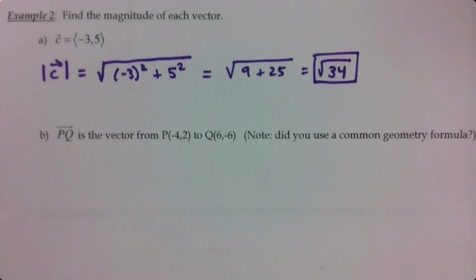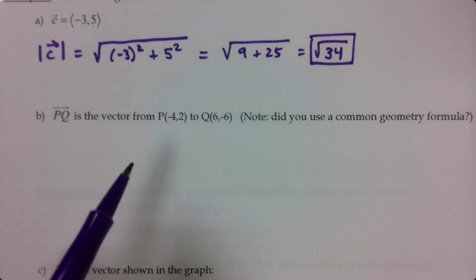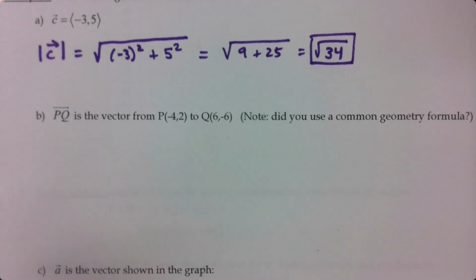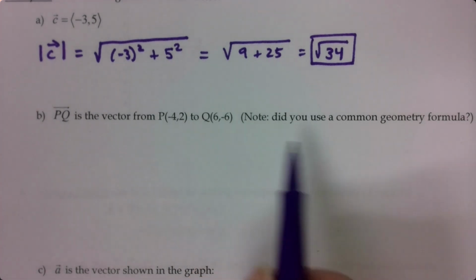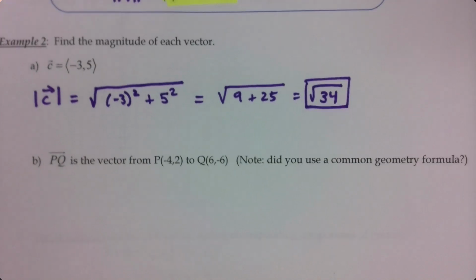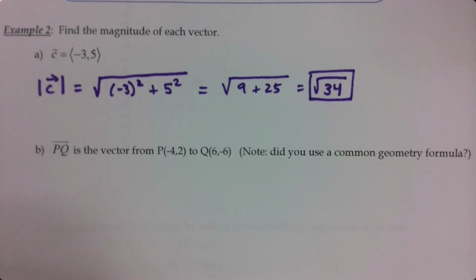All right, so now let's look at PQ as the vector from -4, 2 to 6, -6. How would we find the magnitude of that? Well, it would help if you could find A and B. And you might notice from over here, we actually learn this formula when you're learning it in geometry class. You learn it as a distance formula.